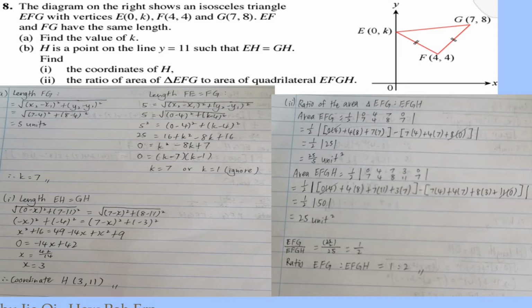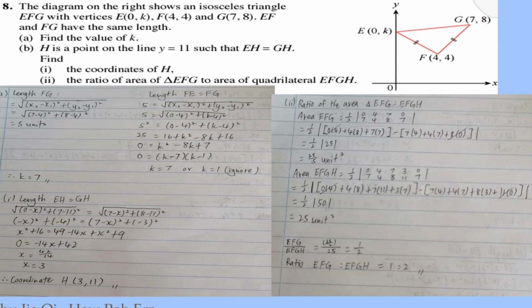So the area of EFG equals 1 over 2 modulus bracket 0 plus 4 plus 4 times 8 plus 7 times 7 bracket minus bracket 7 times 4 plus 4 times 7 plus 8 times 0 bracket modulus equals 1 over 2 modulus 25 close modulus equals 25 over 2 unit square.